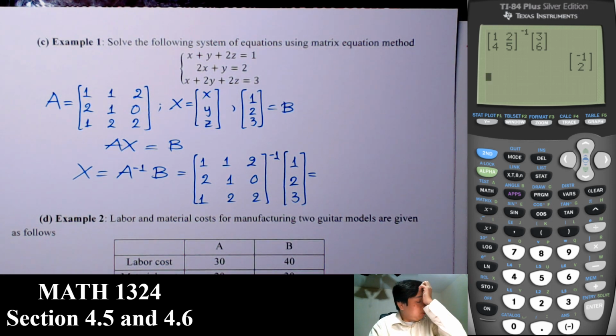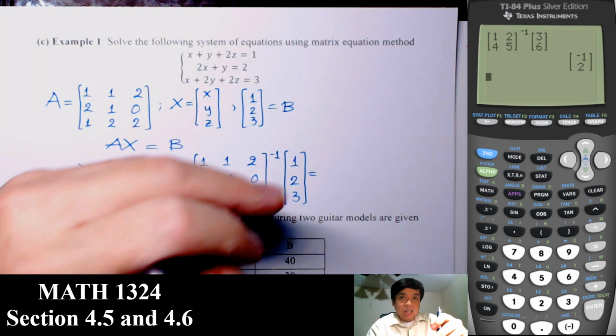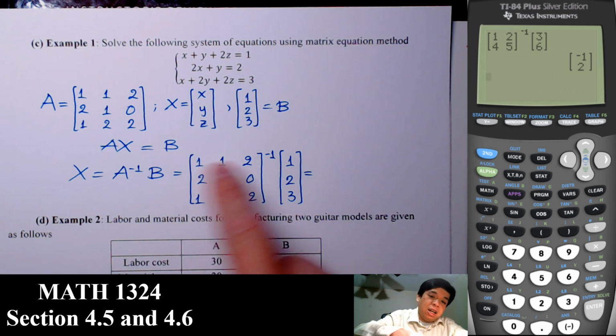By the way, I'm going to put the link to find the inverse in the description, so you don't have to do that by yourself, but you still need to take the inverse and then multiply this yourself. Find the inverse first, and then multiply that.